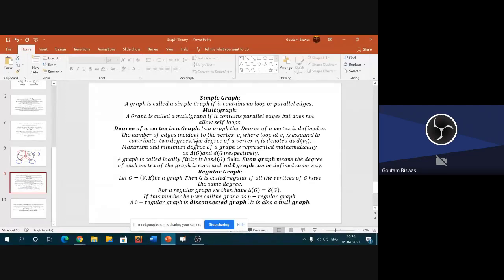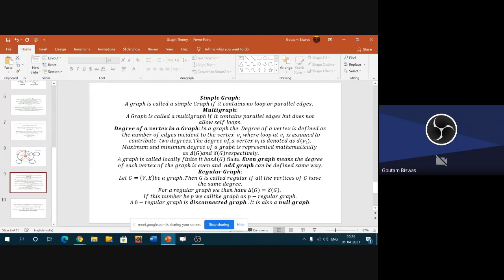Now see, the degree of a vertex may be an even number or an odd number. If the degree of a vertex is even, then it is called an even vertex. If the degree of the vertex is odd, then it is called an odd vertex. Remember this fact.